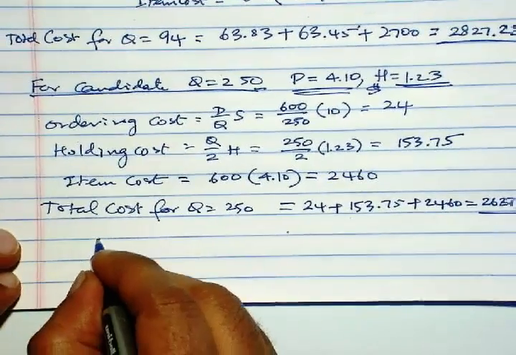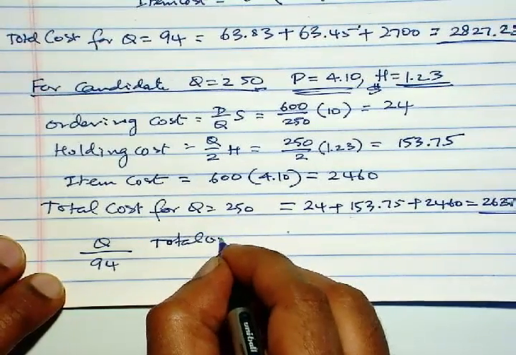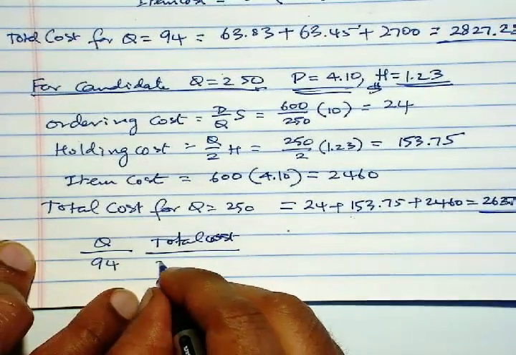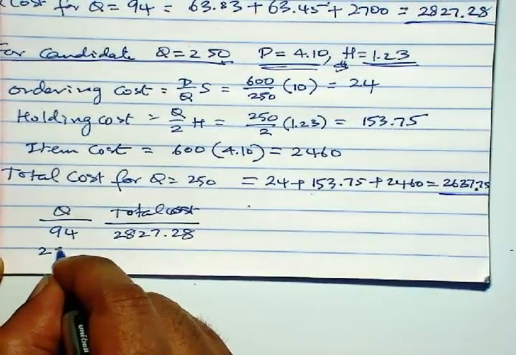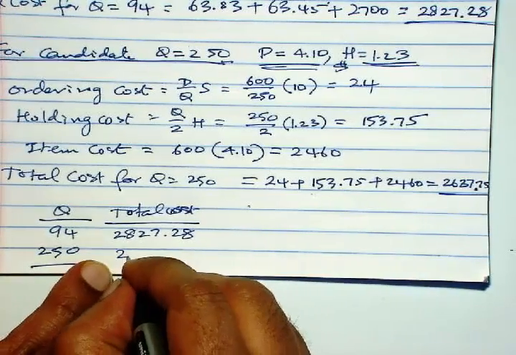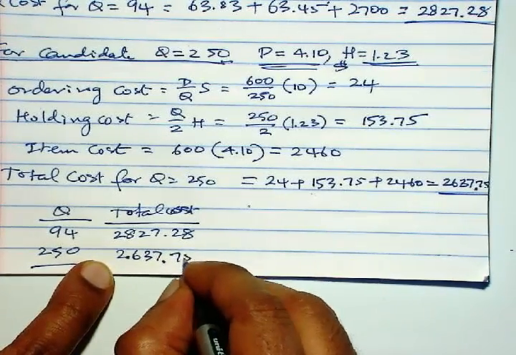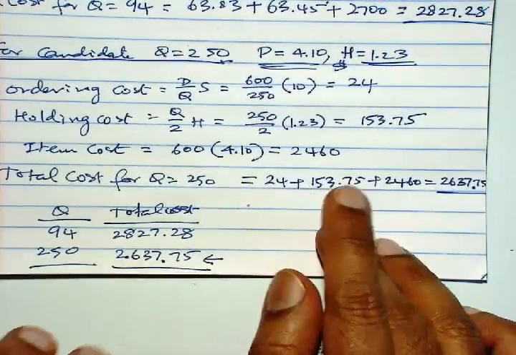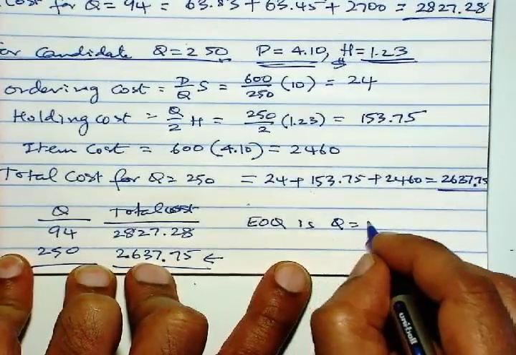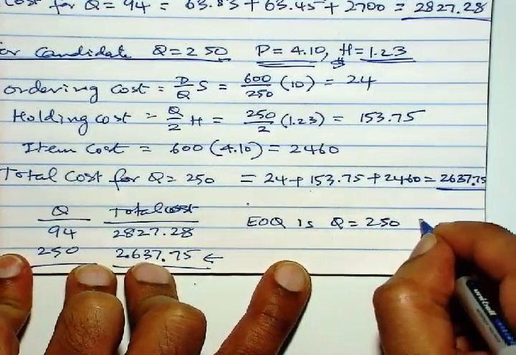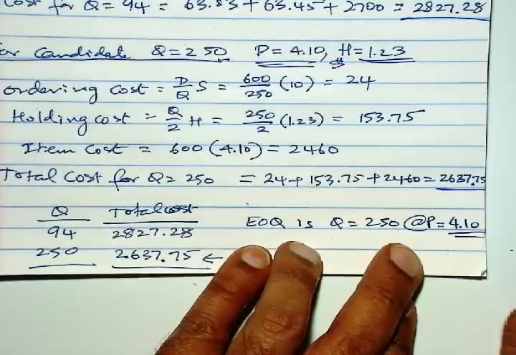So if Q is 94, total cost is 2,727.28. If we use Q equal to 250, 2,637.75. So this is the smaller cost. Therefore, EOQ is Q equal to 250 at a price per unit of $4.10.